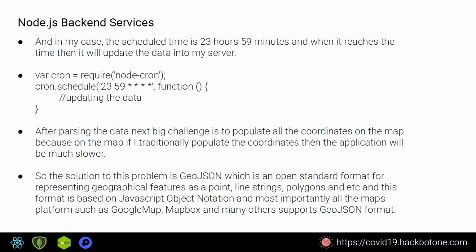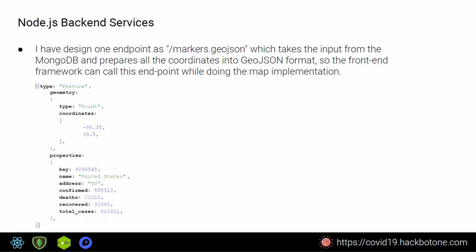GeoJSON supports all the map platforms such as Google Maps, Mapbox, and many others. So I have designed one endpoint as markers.geojson, which takes the input from MongoDB and prepares all the coordinates into GeoJSON format. So the front-end framework can call this endpoint while doing the map implementation.